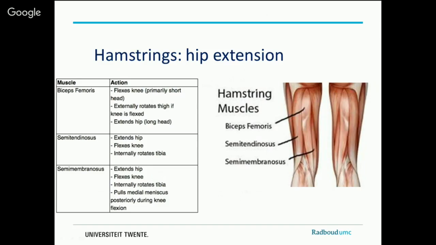Those muscles are on the back side, okay? So the hamstrings, for example. The hamstrings consist of the biceps femoris, the semitendinosus and the semimembranosus. And so they extend the hip, right? But these are also biarticular muscles, so they do also something to the knee, the hamstrings, okay? So difficult.